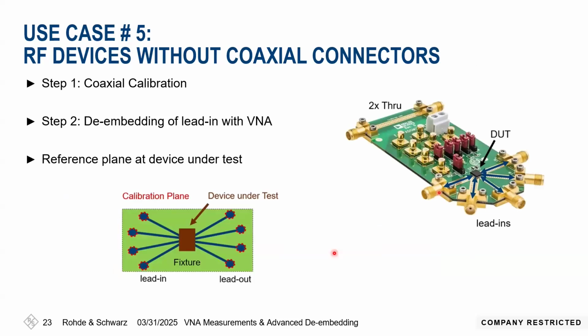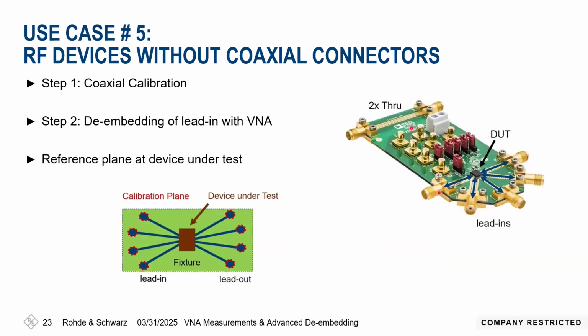And the most common use case is the RF devices, which are on the PCB, and we cannot directly access these devices under test. The connectors are at the end of the PCB board, and we have to de-embed these lines over here.